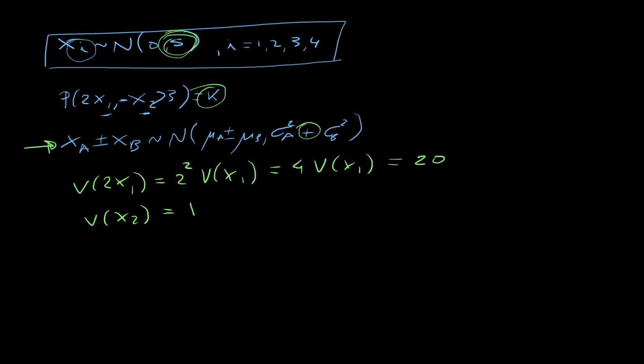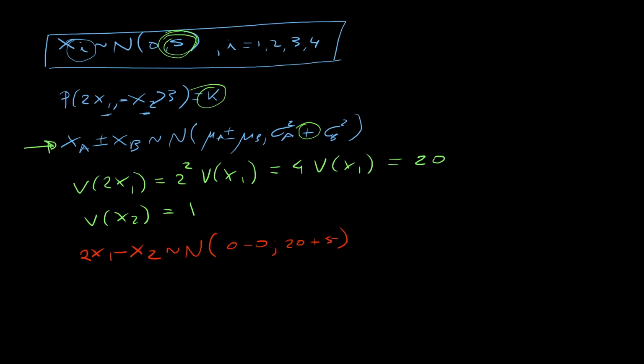So we have here 2X1 minus X2, according to this property, follows a normal distribution where the mean is the mean of both, plus or minus, and we've seen that the mean is 0, so it's 0 minus 0. And in this specific instance, we have one that has a constant plugged into it. And from our math, we've seen that it's 20 plus 5.